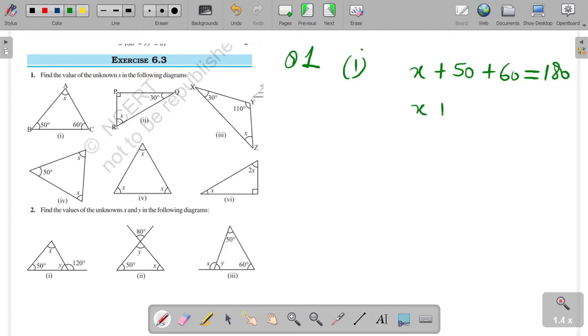So x plus 110 equals 180, x equals 180 minus 110, or x equals 70 degrees. This is the first part.